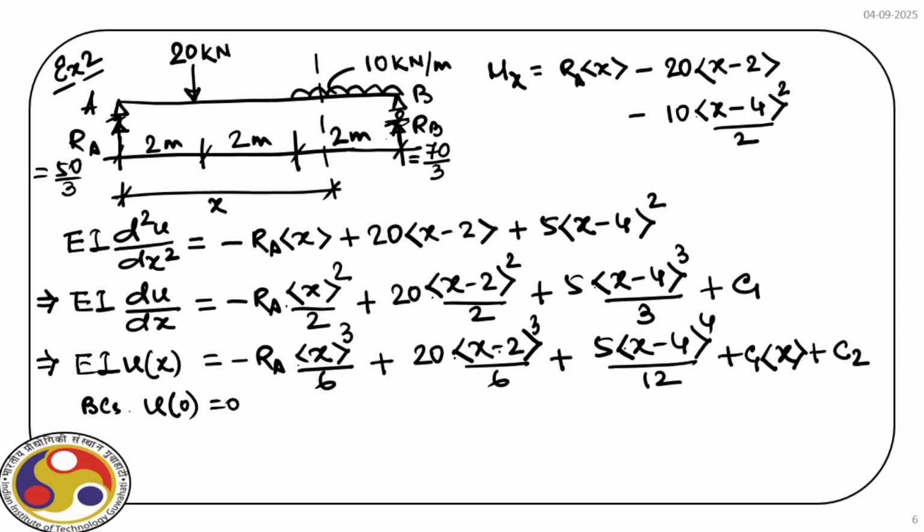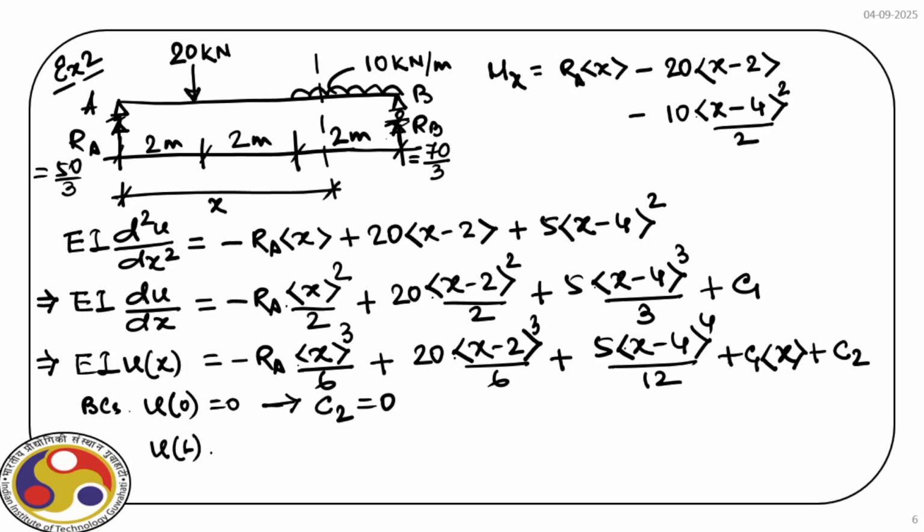Second term x minus 2, the moment we put x equal to 0 within Macaulay's bracket we have negative, that means it is equal to 0. Third term again x minus 4, so x equal to 0 means within bracket we have minus 4, and then again within Macaulay's bracket we have x, so it means C2 is equal to 0.